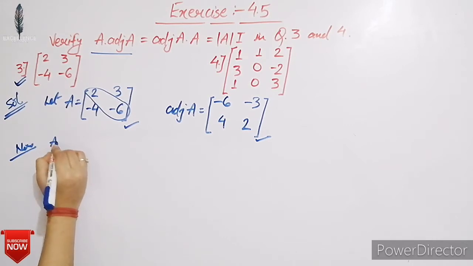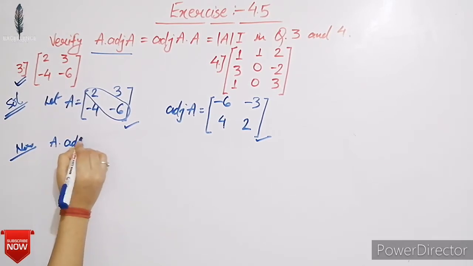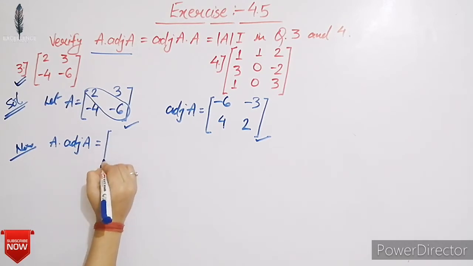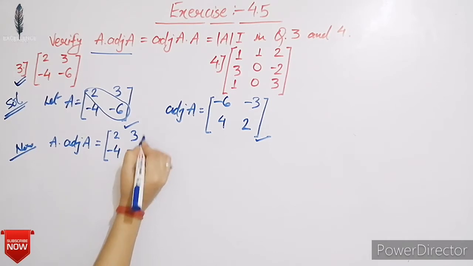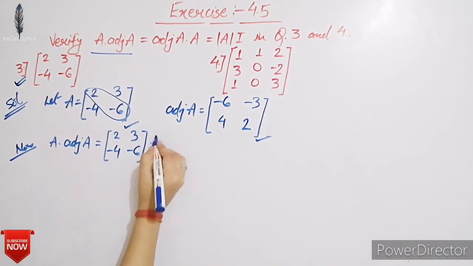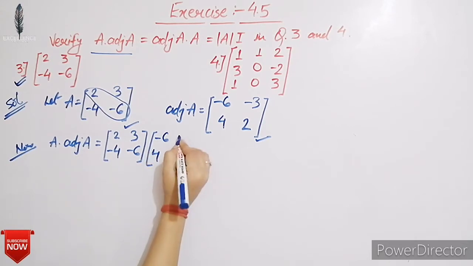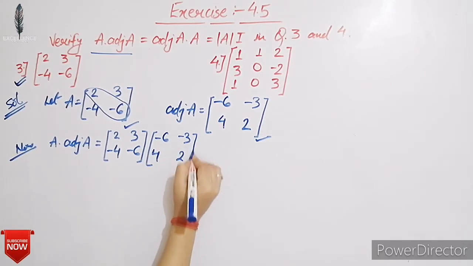Okay. Now A into adjoint A is equal to, put the value of A, that is 2, minus 4, 3, minus 6, and adjoint A is equal to minus 6, 4, minus 3, 2.